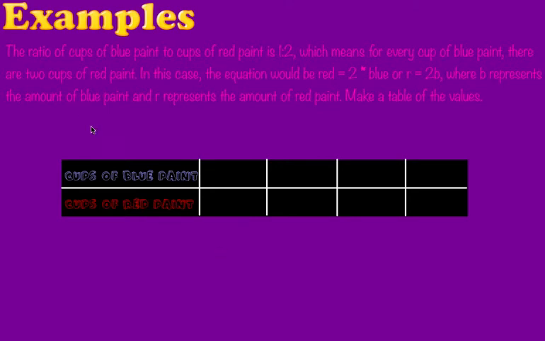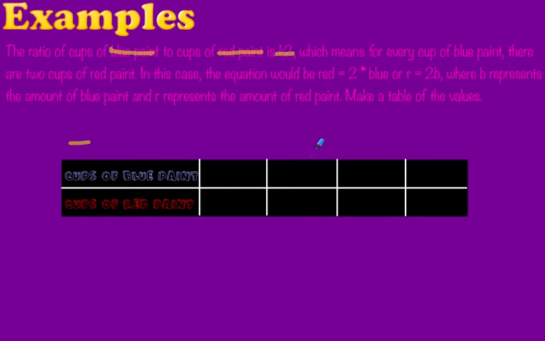All right, so first we have the ratio of the cups of red paint to blue paint. And again, we want to make sure to highlight correctly. So, get my highlighter here. There we go. And I have blue paint to red paint is 1 to 2, which means that for every cup of blue paint, there are 2 cups of red paint.